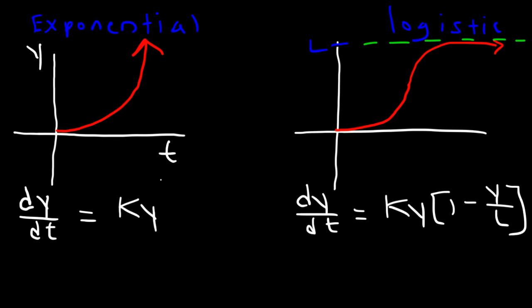If we look at the equation on the left, as y increases, dy/dt increases. So what does that mean? Well, as the population increases, the rate at which the population increases will increase as well. For example, let's say you have 1,000 rabbits on the island, and at that level, the rabbit population increases by 100 every year.